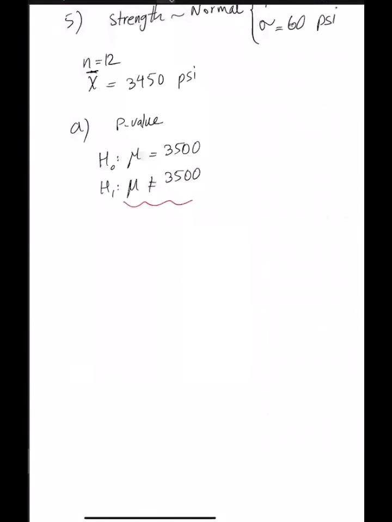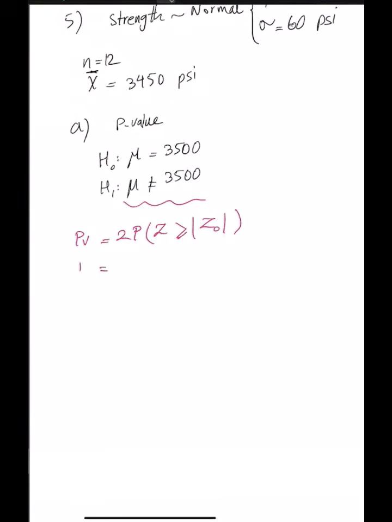So given the fact that our alternative hypothesis is a two-sided test, the formula for the p-value is 2 multiplied by the probability of z greater than or equal to the absolute value of the test statistic, z naught.